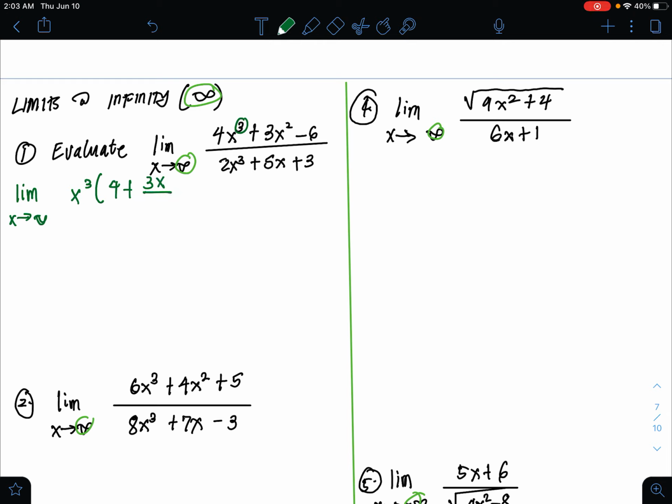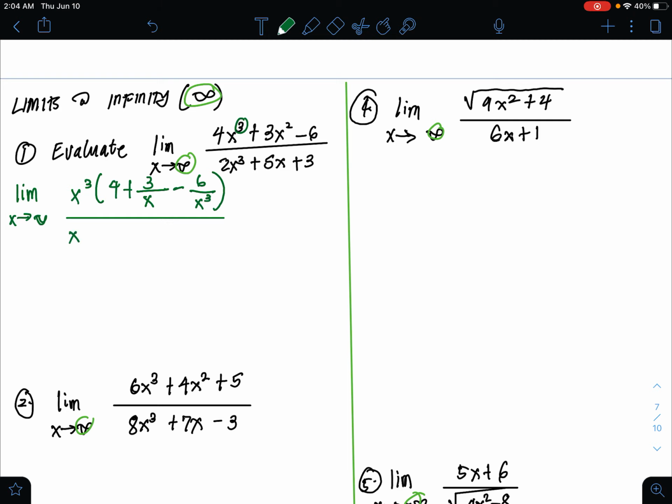Sorry. So 3 over x squared should be 3 over x only, because x cubed over x becomes x squared. Then this one, to become 6, it becomes 6 over x cubed, right? So 6x cubed over x cubed is still 6. Same goes with the denominator here.